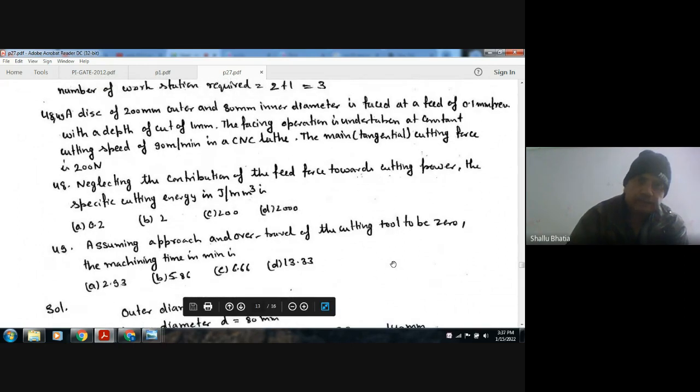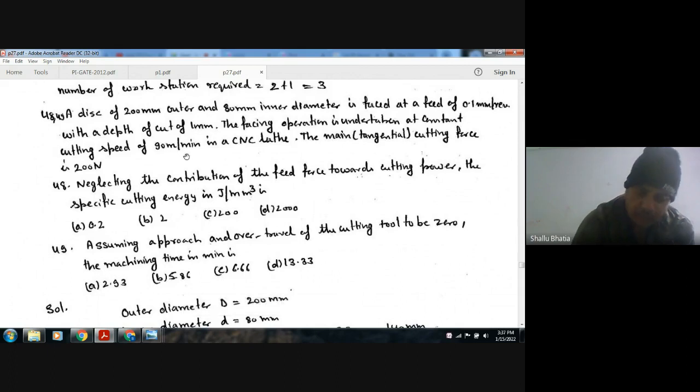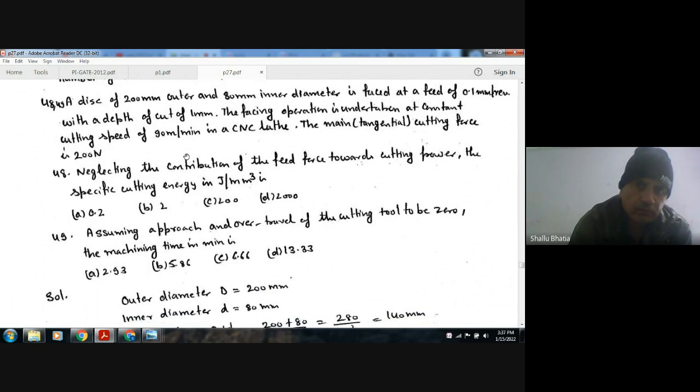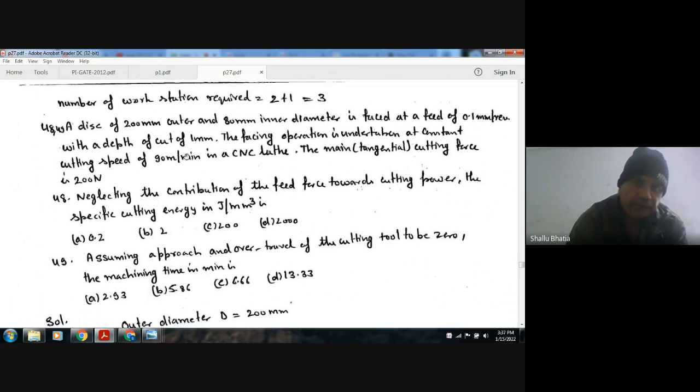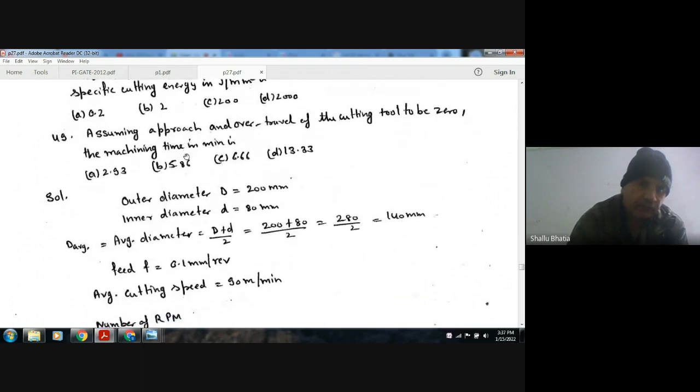So the feed here is 0.1 mm per revolution, and this is the cutting speed. The outer diameter is 200 mm and the inner diameter is 80 mm, so the average diameter is 140 mm.